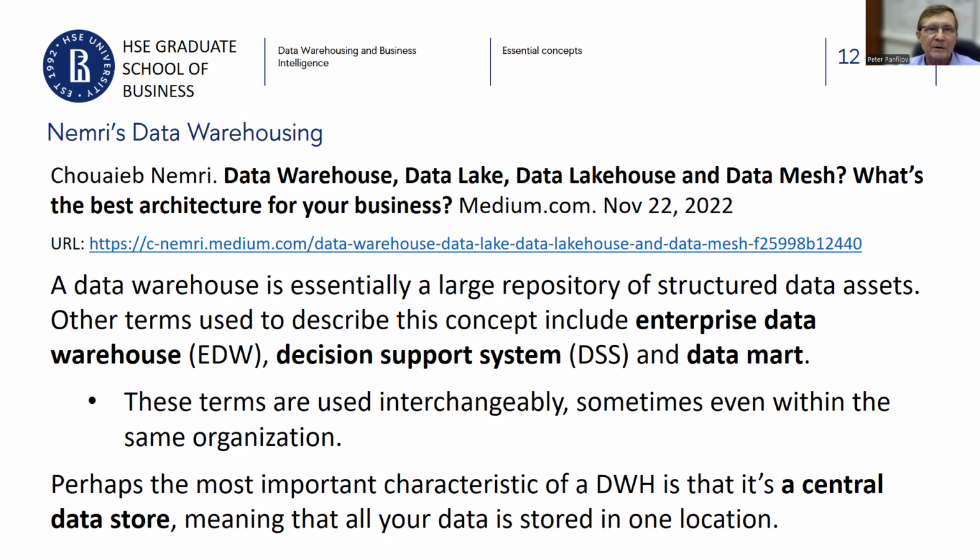So there is a pretty nice discussion in his blog about data warehousing, data lakes, data lake houses, data meshes, and what's the best architecture for your business. You can go there and check it. But just a couple of phrases, a couple of paragraphs from his discussion on data warehousing.